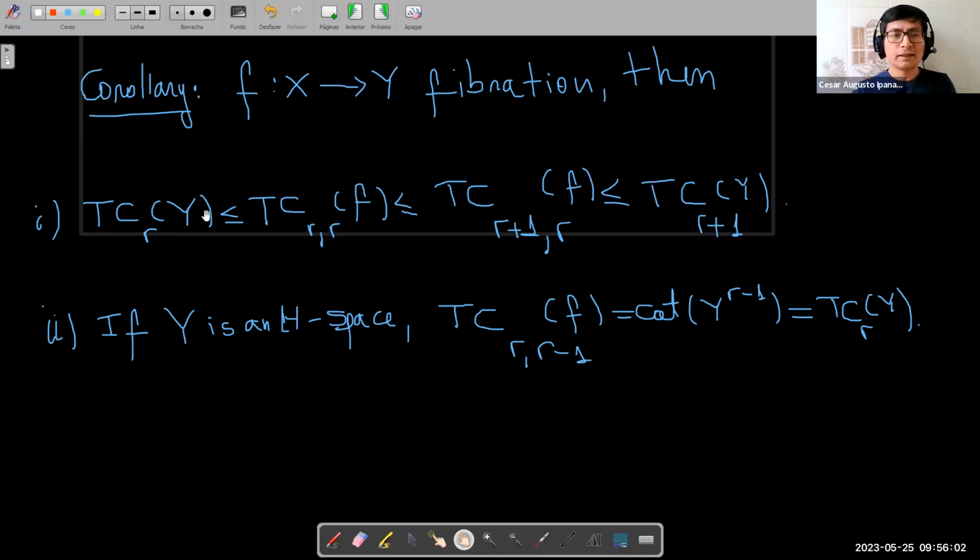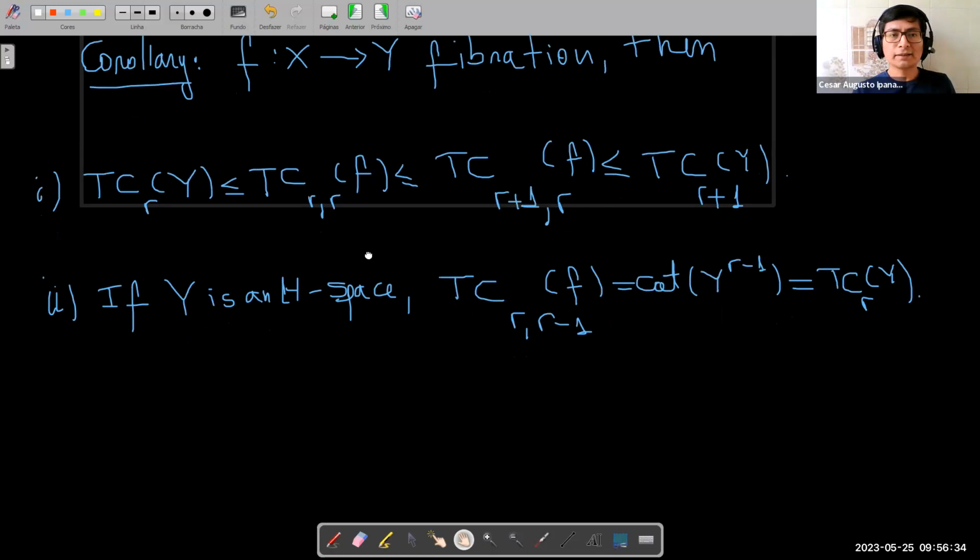For any fibration, our hierarchy r, r is less than or equal, by the monotonic property of our TC, to r plus 1, r, and this is less than or equal to the r plus 1 hierarchy of the codomain.